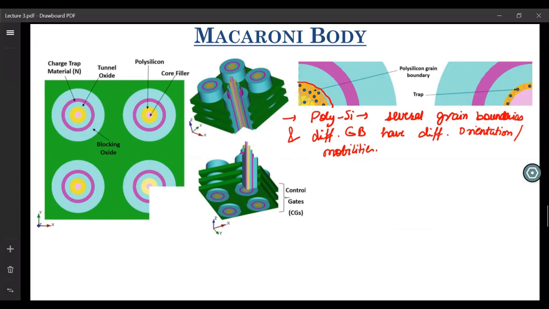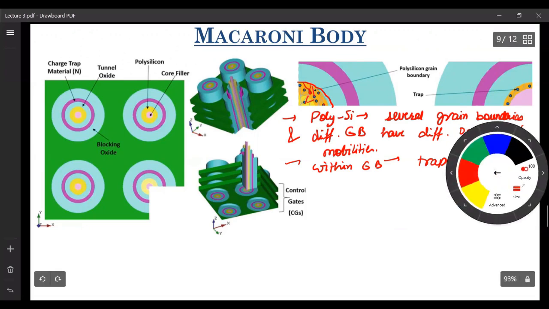And also, within the grain boundaries, you have traps. As you can see, these are your grain boundaries, which are represented by these boundaries, and you have traps, which are these dotted lines. So you have grain boundaries and different traps associated with those grain boundaries.